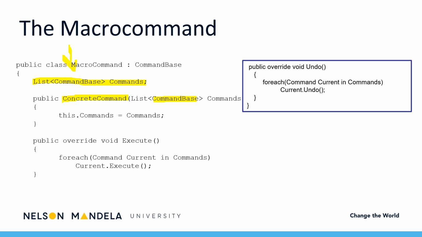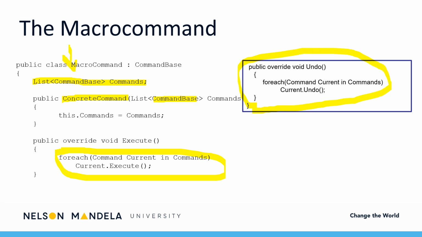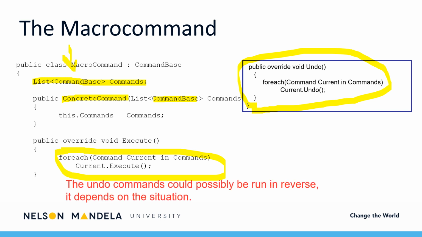And then in the execute, we need to specify that we need to execute these commands. The undo, obviously, is going to undo the commands that have been executed. Undo commands could possibly be run in reverse; it depends on whatever situation you're working on.